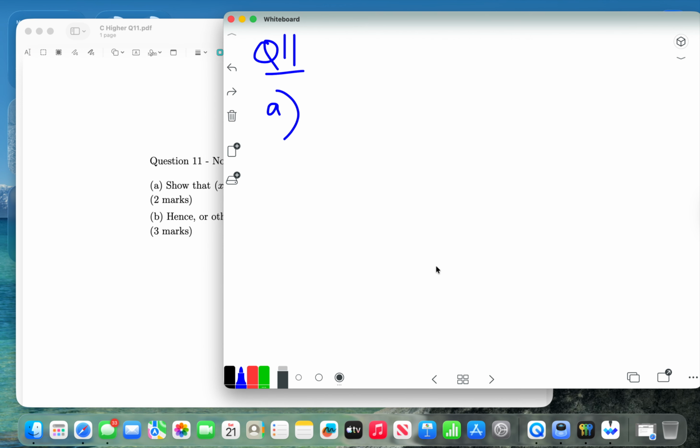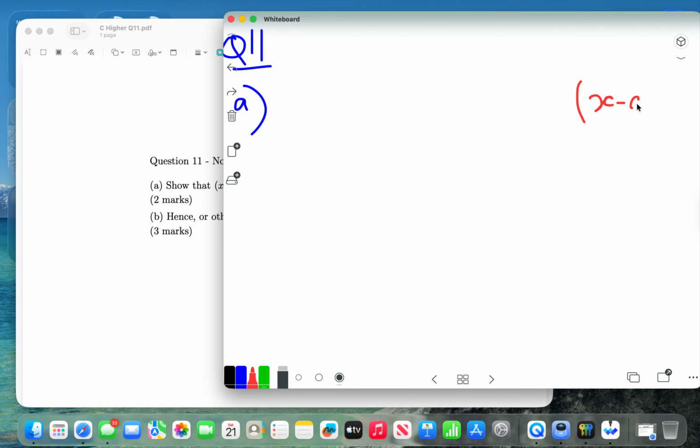So something you need to know is if x minus a is a factor of a polynomial, then x equals a is a root.